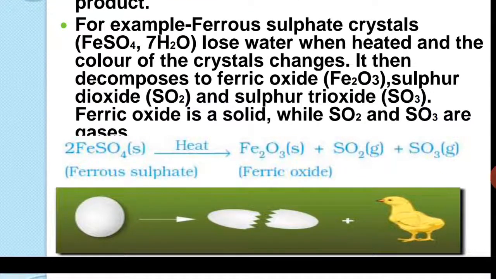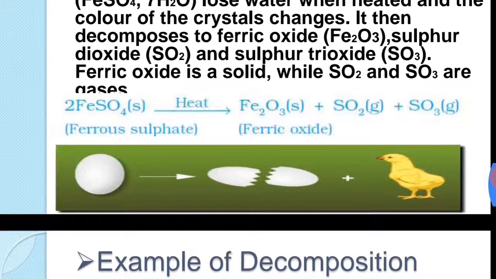These are violet crystals. When heated, they give ferric oxide, sulfur dioxide and sulfur trioxide. You can see it as breaking of an egg. When an egg breaks, we get a white substance and a yolk.